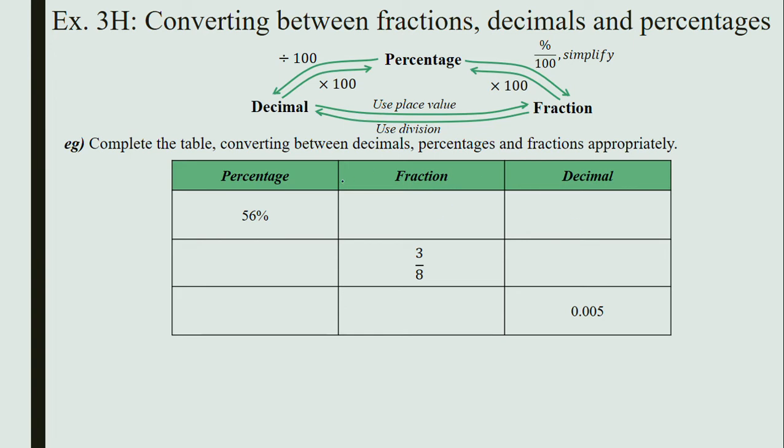So to convert a percentage first to a fraction, we need to write the percentage, the number, over 100 and then simplify. Here we need the highest common factor of 56 and 100. We could divide by 2 and then divide by 2 again if you like, or we can go straight to dividing by 4.